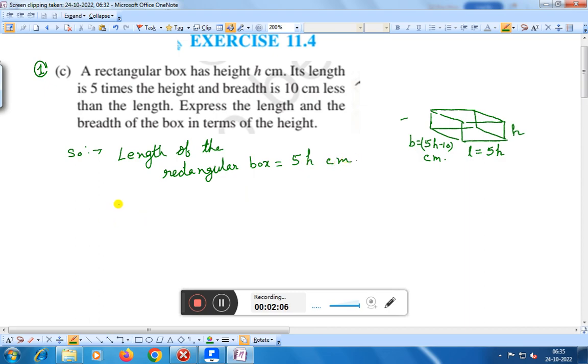And breadth of the rectangular box is equal to 5h minus 10 centimeter. This is the solution of question number 1C.